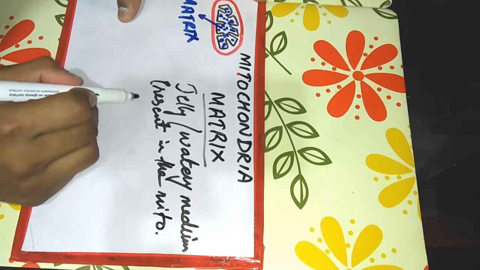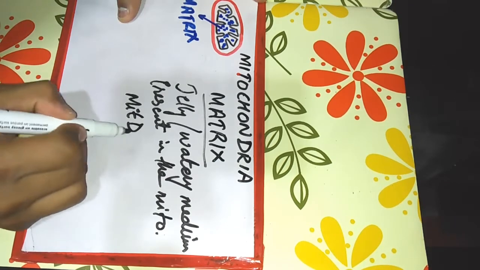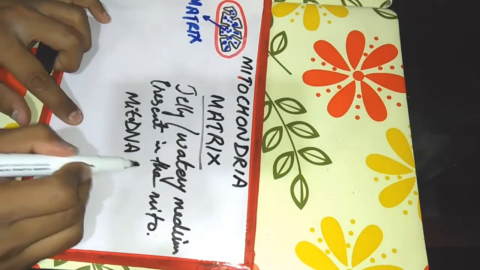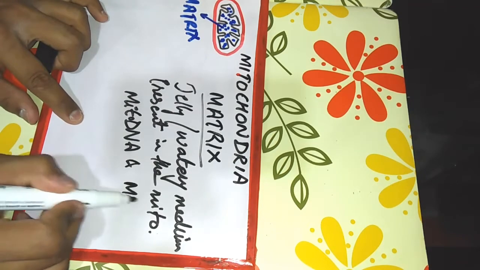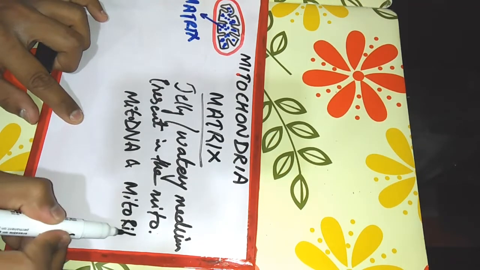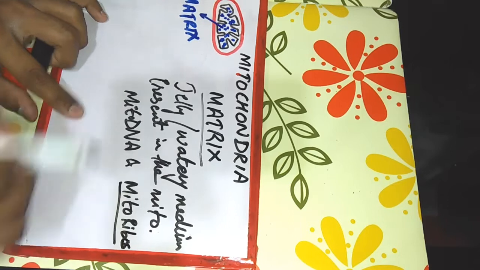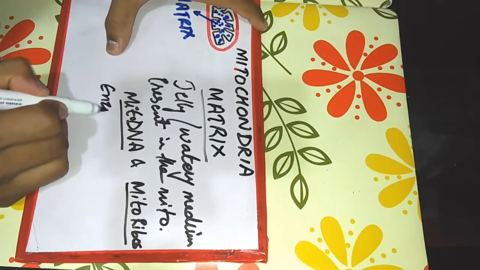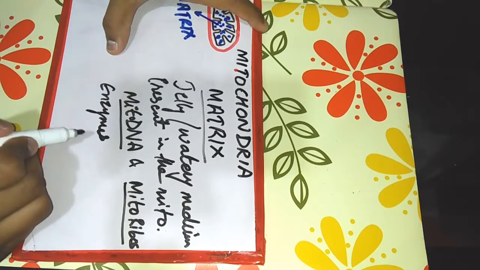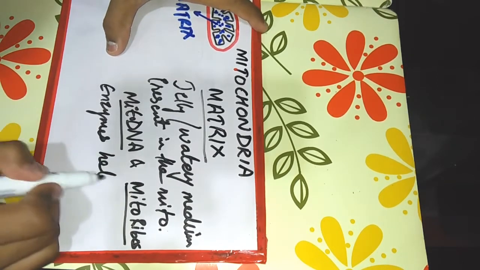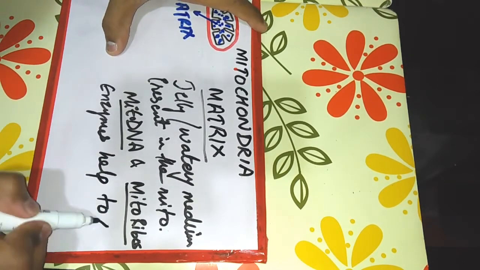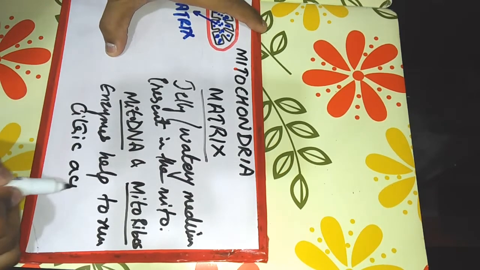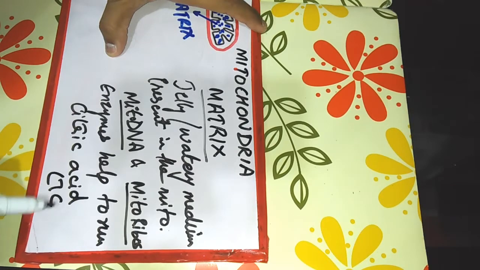It contains mitochondrial DNA, also called mito-DNA, as well as mitochondrial ribosomes for protein synthesis. It also has enzymes which help to run the citric acid cycle, or TCA cycle.